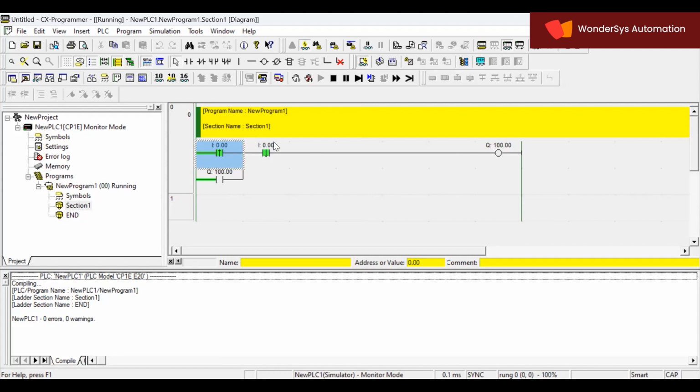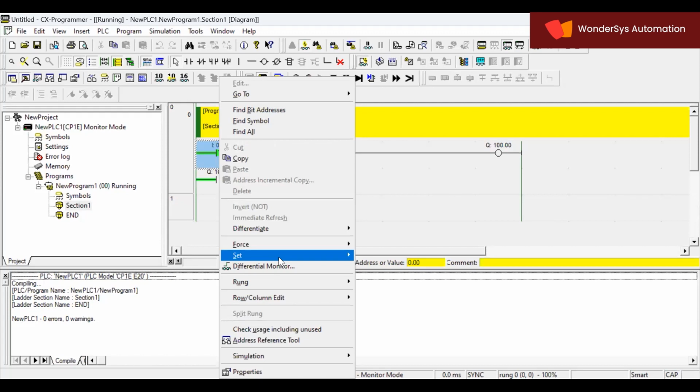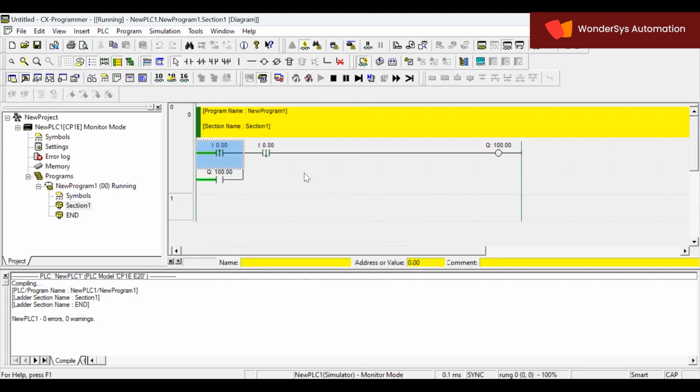This will get on only when you make it off. So when I make it off, that time it will get on. It will give a high signal. But from this side, you're not getting any high signal, because you made it off. So this combination won't work. That's why whenever we are using rising edge and falling edge, we'll go for set and reset instruction. Okay? Thank you.